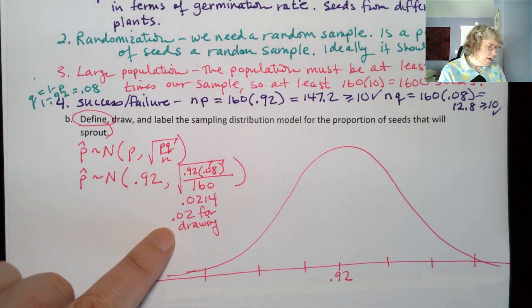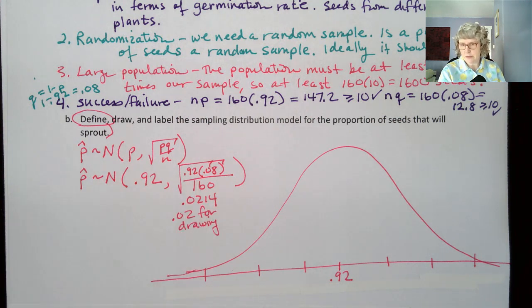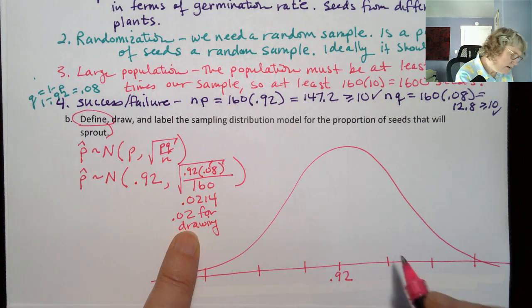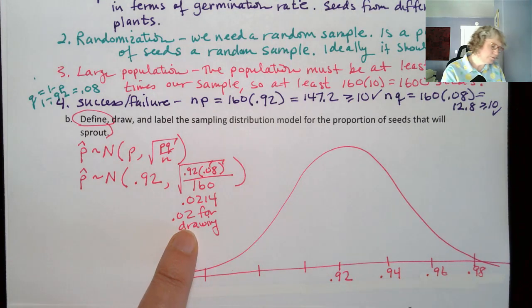Okay, and then I could use the whole 0.0214. That's what I'm going to put into an app. But for my drawing, I think it's just more understandable if I go by just 0.02. So we have 92%, 0.94, 0.96, 0.98.